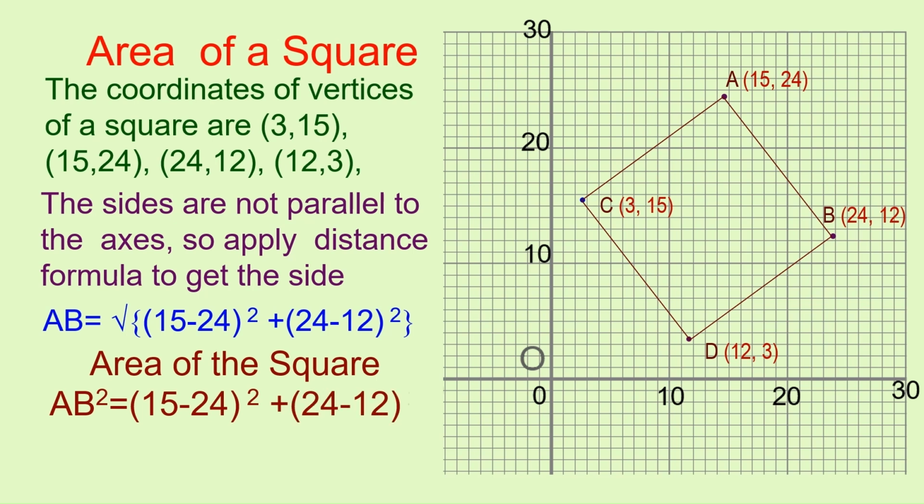Area of the square equals AB squared equals 225.